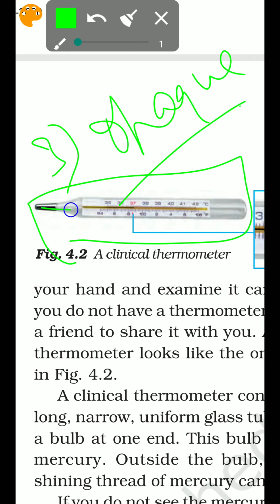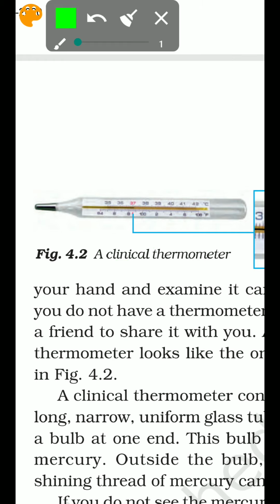So if the liquid is transparent and it expands in the thermometer, we will not be able to see it clearly. But if it is opaque and expansion happens, we can see it clearly. And as we know, mercury is shining in nature, that's why it can be easily seen in the thermometer while it expands by getting heat.